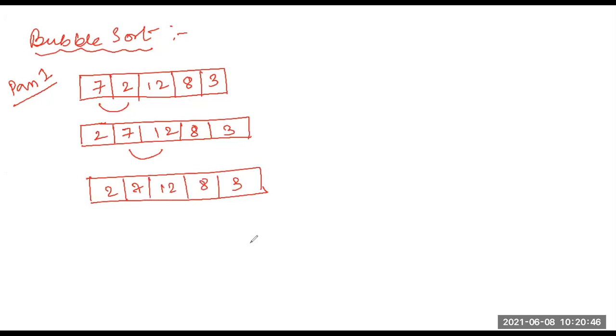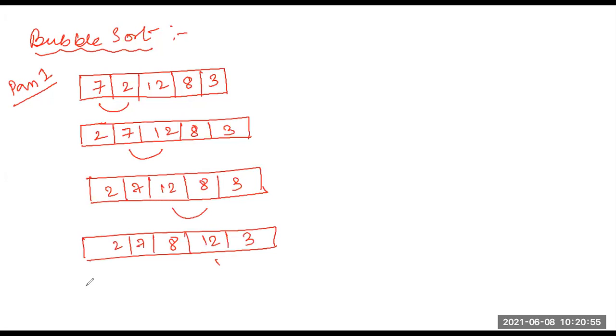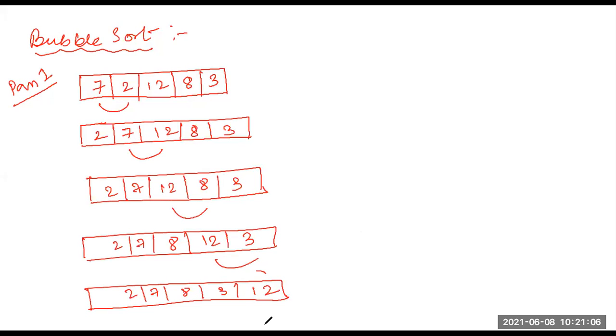Then we compare 12 and 8. 12 is the larger one, so it should interchange and go to the last position. Then I compare 12 and 3. 12 is the larger one, so it should interchange and go. So after pass 1, you have the largest element of your array as a bubble at the last of the array. This is pass 1, that means iteration 1.